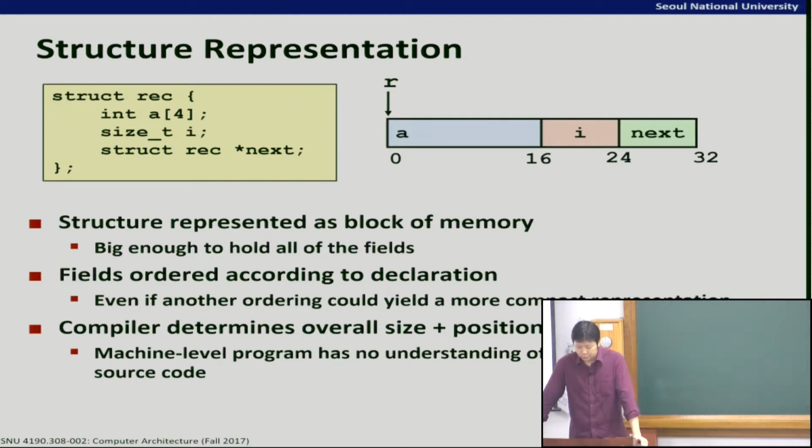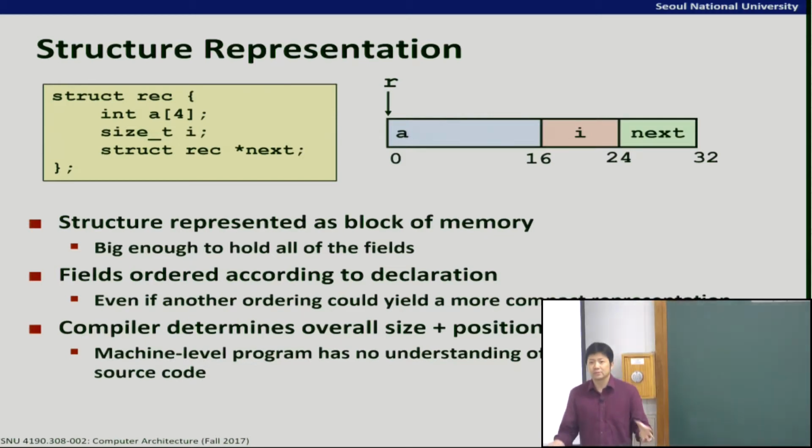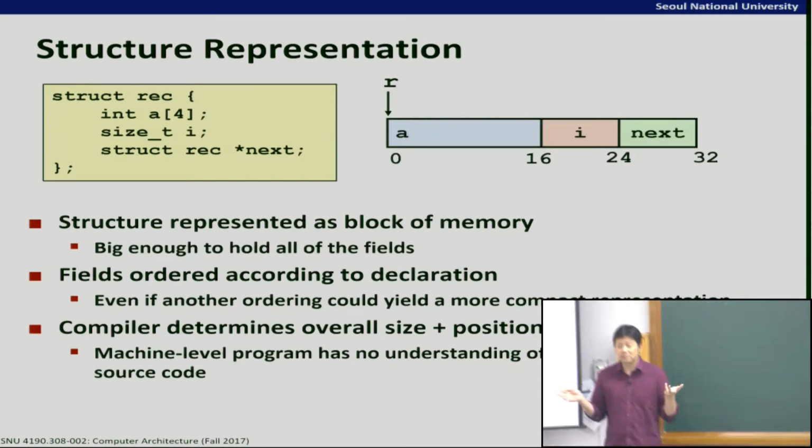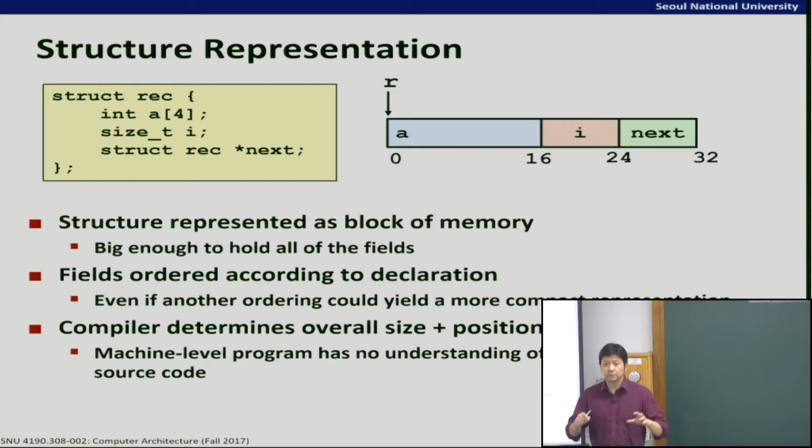So the compiler should know the size and the offset for each field within the struct. The machine level program has no understanding of the structures in the source code. It's the compiler's responsibility to translate access to a specific field to use a specific offset value and so on. Okay.